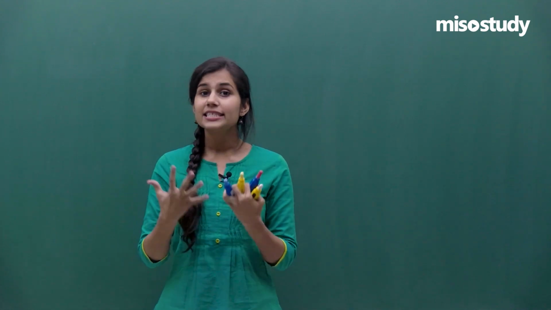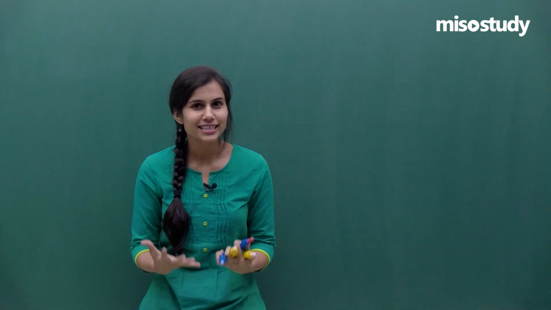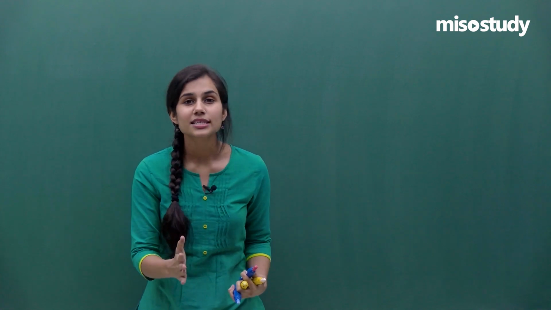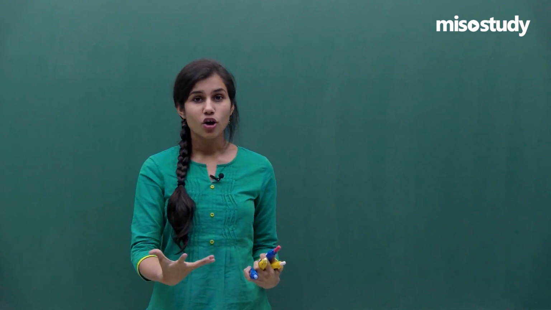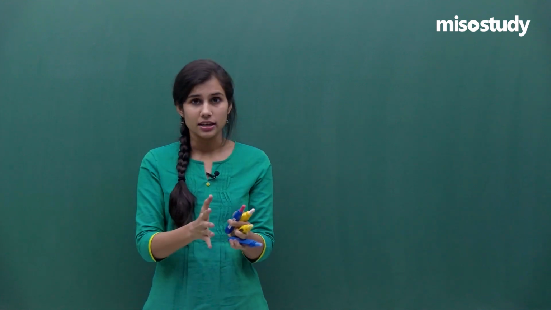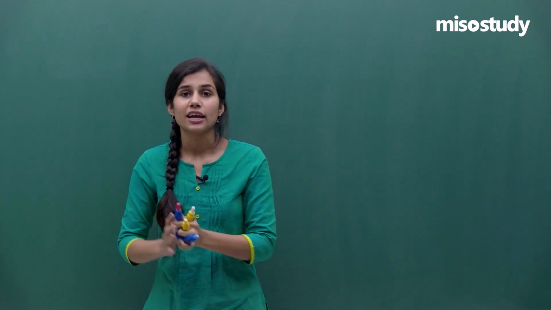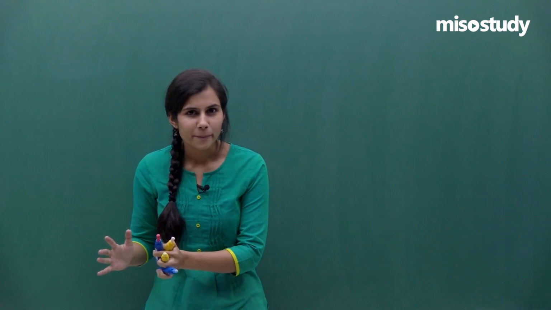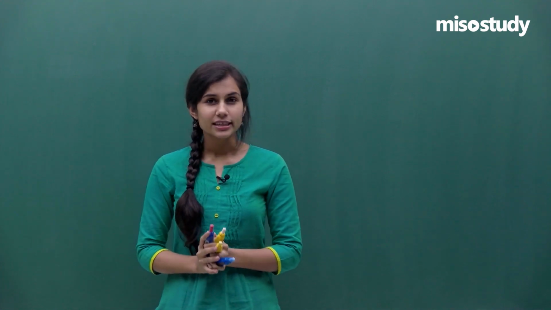After that, the second method of describing a set, which was my personal favorite, was the intuitive or instinctive way of describing a set, and the name was set builder form. What do we do over here?